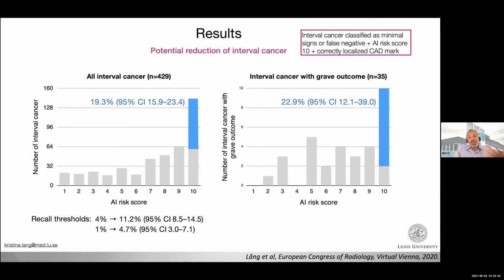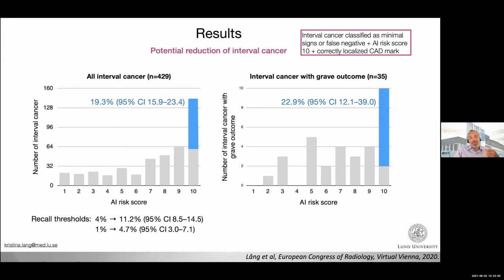In terms of, well, does it matter in medium-term outcomes? Well, there's a study, again from Malmö, Sweden, where they looked at interval cancers and ran them by the AI to see how many of these interval cancers were actually marked with a very high risk score. They found that of all the interval cancers, and therefore cancers that were missed, about 20% could have been detected.